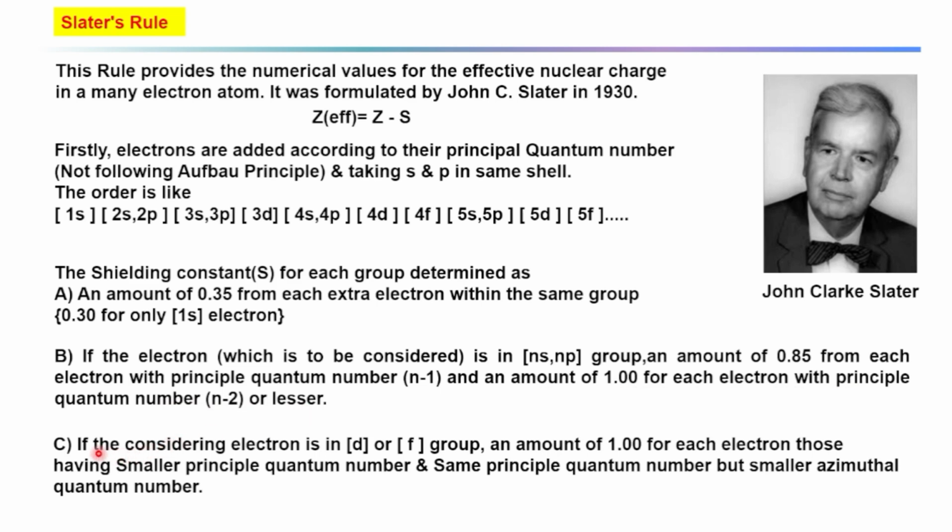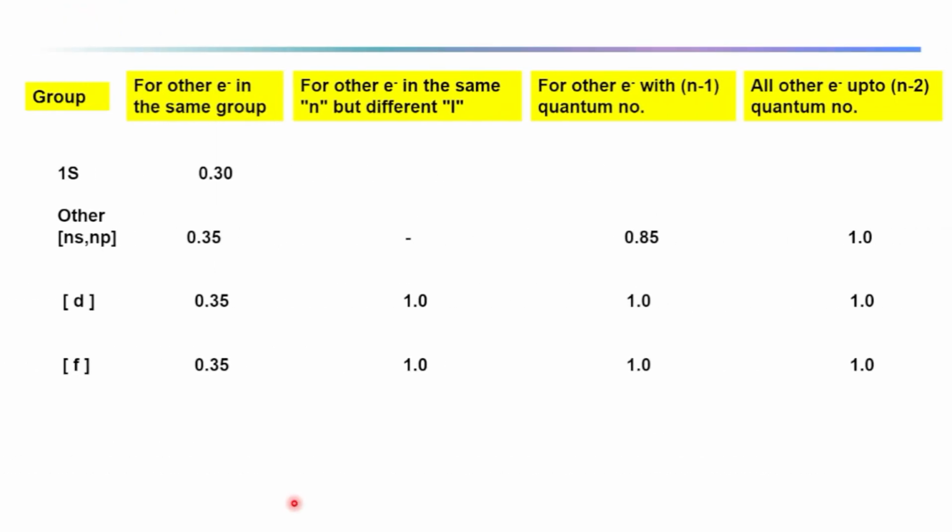Next, if the considered electron is in the d group or f group, an amount of 1 for each electron having a smaller principal quantum number, or the same principal quantum number but a smaller azimuthal quantum number, or a different group. Now we will try to understand it from an example.